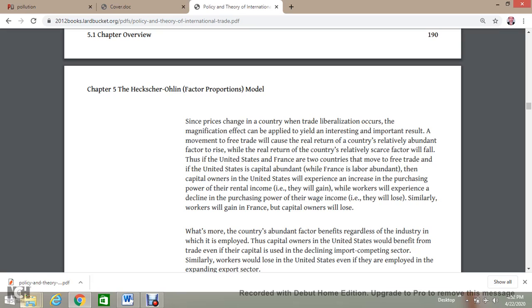Obviously, the capital owners in France, their demand is reduced and they will lose the market. So there is a loss for capital owners in France. I hope that with this explanation you understood what Stolper and Samuelson would like us to understand in this theorem. Okay.